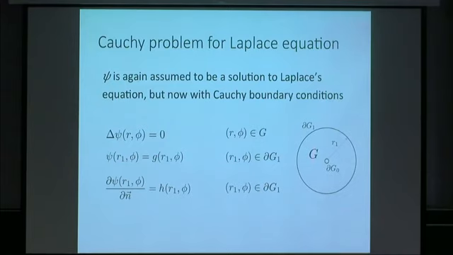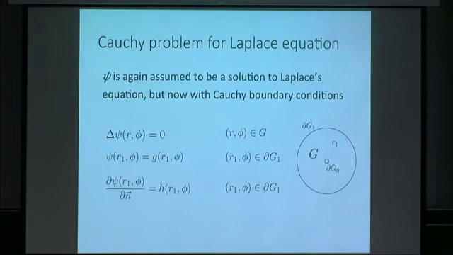So let's add a little bit more information to our schematic. The polar data gap is still the region G, and it has an outer boundary G sub 1. And let's add an inner boundary G sub naught, and we still have a radius on this gap R1. So now with the Cauchy problem, we want psi to solve Laplace's equation for every point in G. We still want the Dirichlet boundary condition, where concentration on the outer boundary is given by the function g, which the solution satisfies.